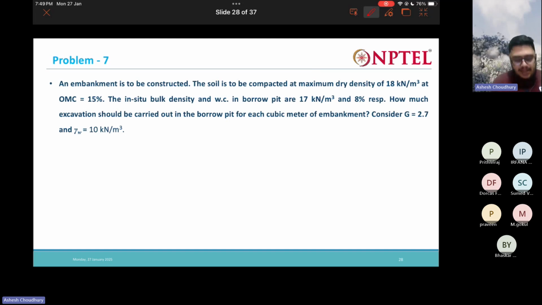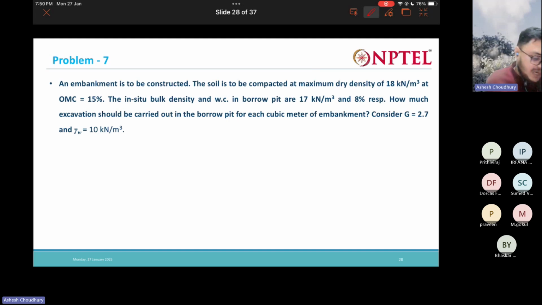The in situ bulk density and water content in the borrow pit are 17 kilonewton per meter cube and 8% respectively. How much excavation should be carried out in the borrow pit for each cubic meter of embankment? Consider G as 2.7 and gamma w as 10.